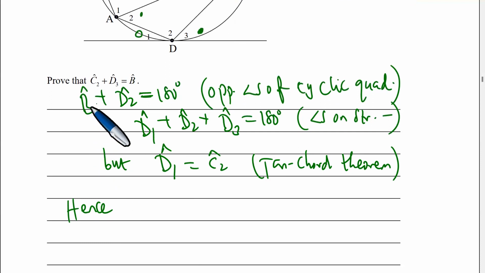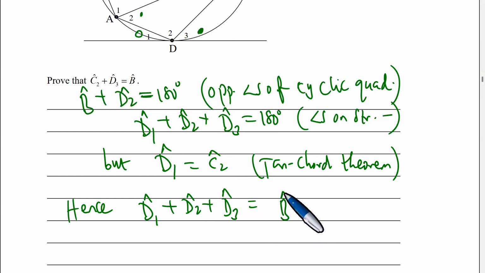So in other words, we can start by saying angle D1 plus angle D2 plus angle D3, if we add all three, is 180, but it is equal to angle B plus angle D2. But D1 is C2.